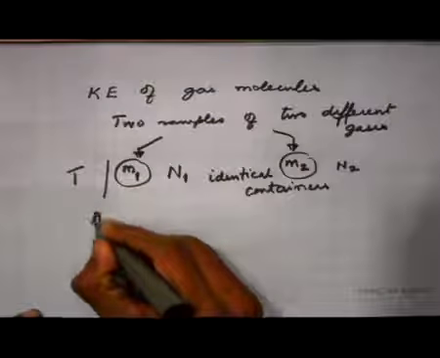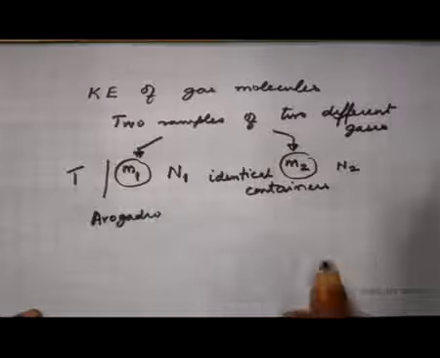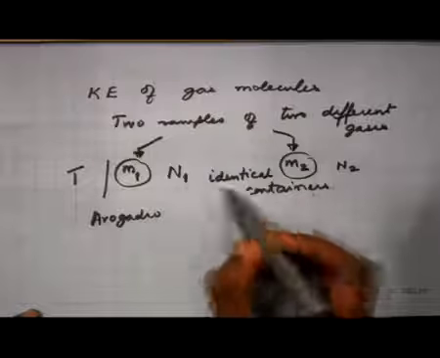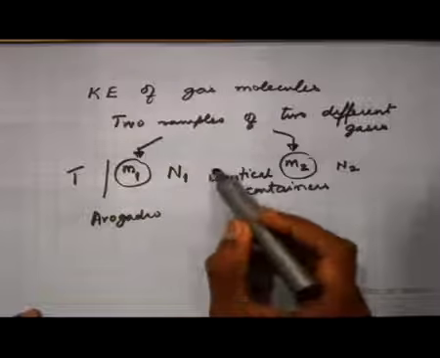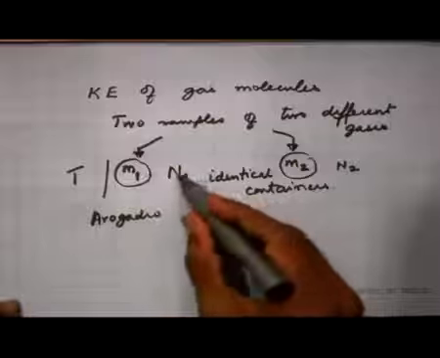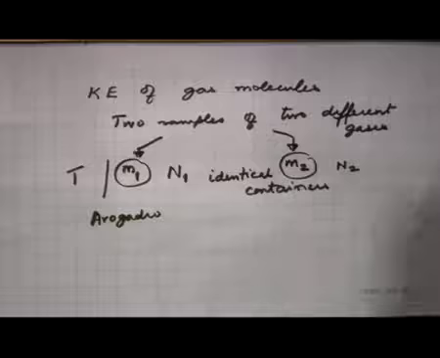In this situation, applying Avogadro's hypothesis in the converse fashion, Avogadro says that if you have two gases under the same temperature and pressure, the volume is proportional to the number of molecules. Because the volumes are the same, the number of molecules are the same. So, I do this in reverse.